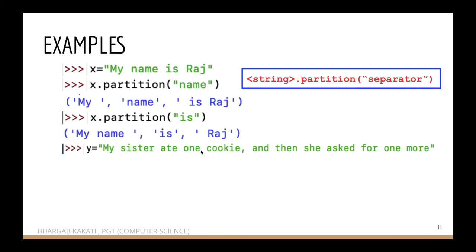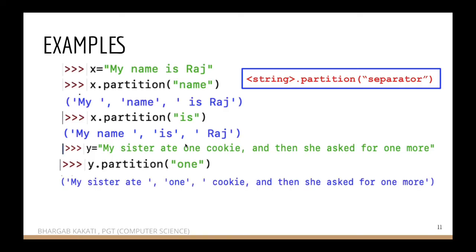Alright, let's take another variation here. For example, y equals "my sister ate one cookie and then she asked for one more". And then if I write y dot partition "one", what will happen? Here you can see that "one" has occurred multiple times. Here it has appeared once, and here it has appeared one more time.